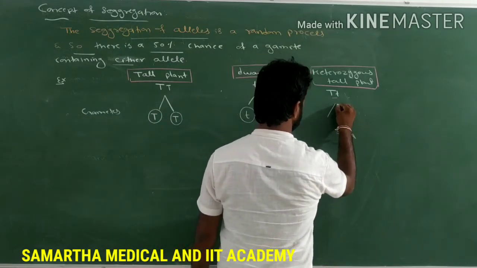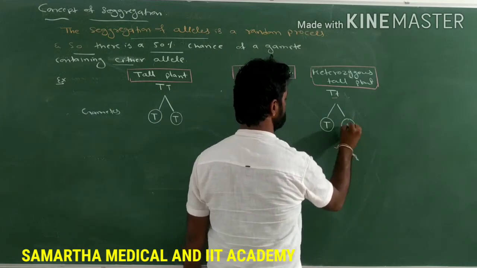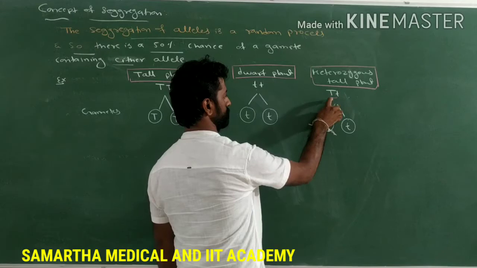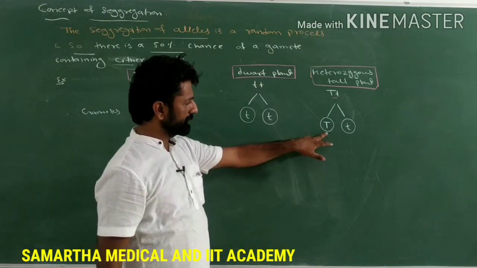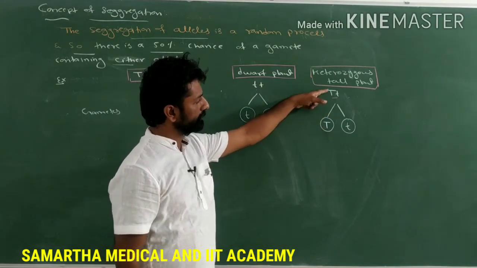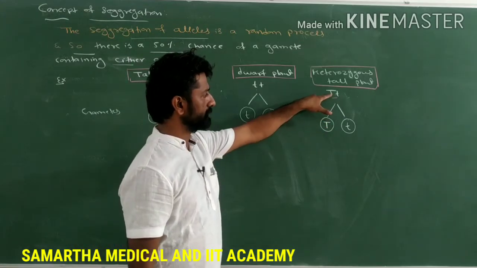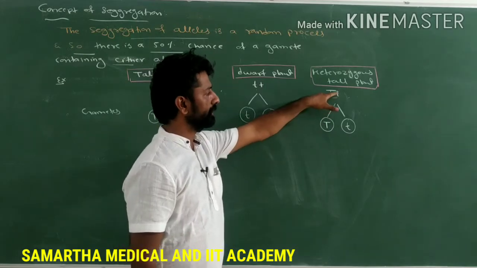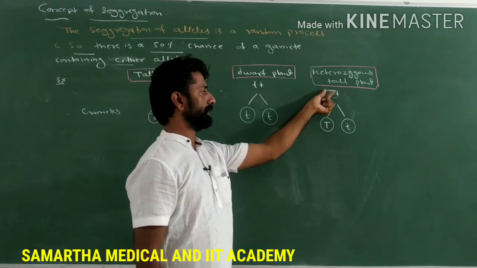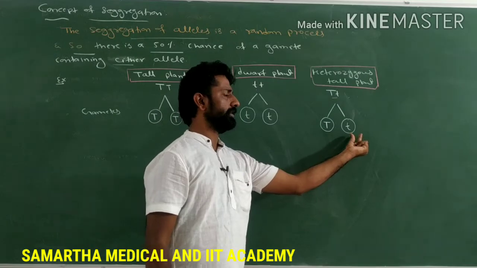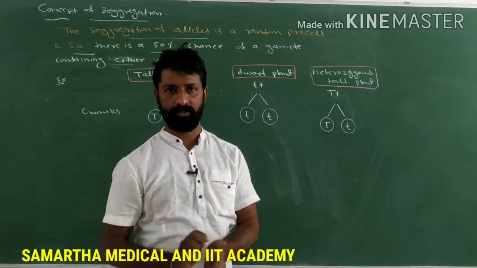Then the alleles received by the gametes formed differ from one to the other. One gamete receives the dominant trait and the other receives the recessive trait. So the gamete can receive either the dominant allele or the recessive allele. There is a 50% chance of receiving the dominant allele or a 50% chance of receiving the recessive allele. It can receive either the capital T or the small t. Similarly, this gamete can receive either the small t or the capital T. Always there is a 50% chance.